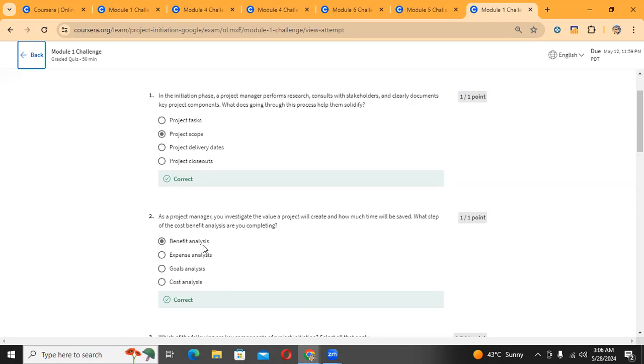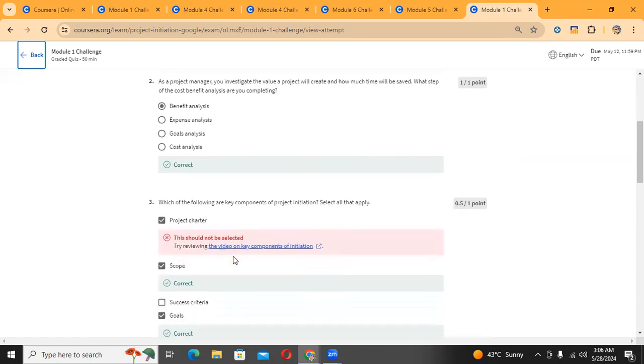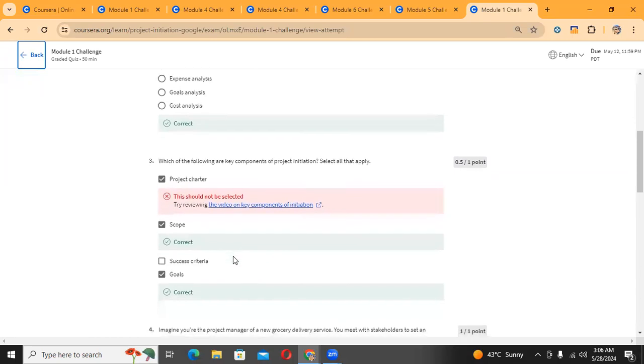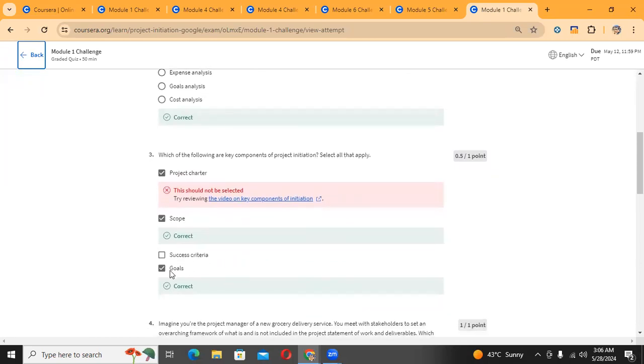This step helps you understand the positive outcomes. For the third question, the correct answer is scope and goals. During project initiation, defining the project scope and setting clear goals are essential components. These elements help in outlining what the project aims to achieve.